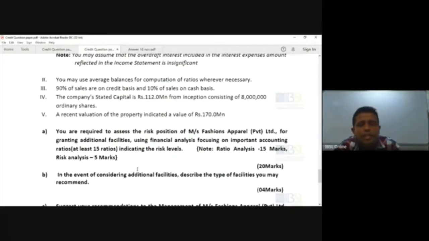The company's stated capital is 112 million from the inception, consisting of 8 million ordinary shares. Right. Stated capital is 112 million. A recent valuation of the property indicated a value of 170 million.